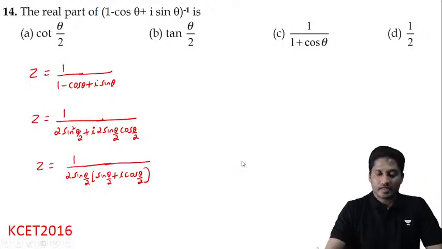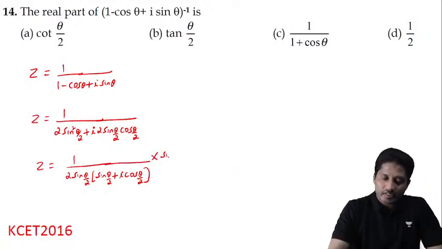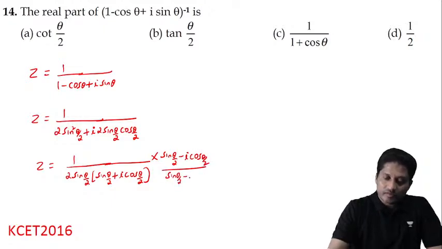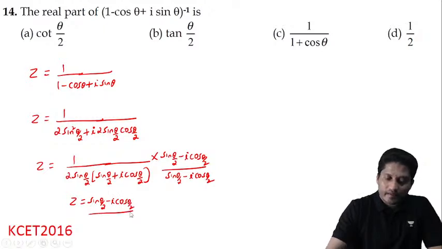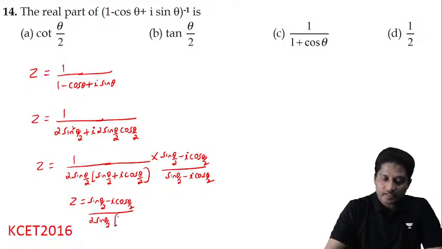Now I'll multiply and divide by its conjugate, which is sin theta by 2 minus i cos theta by 2. This is equal to sin theta by 2 minus i cos theta by 2, divided by 2 sin theta by 2, times a plus b into a minus b is a square minus b square, right?